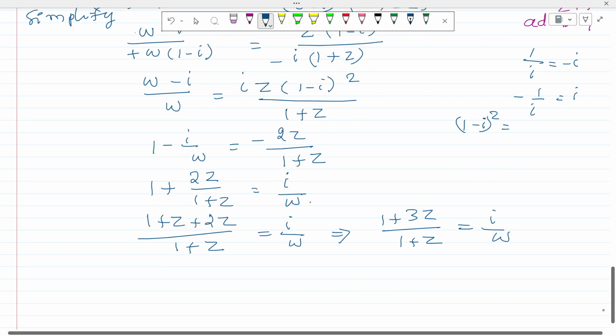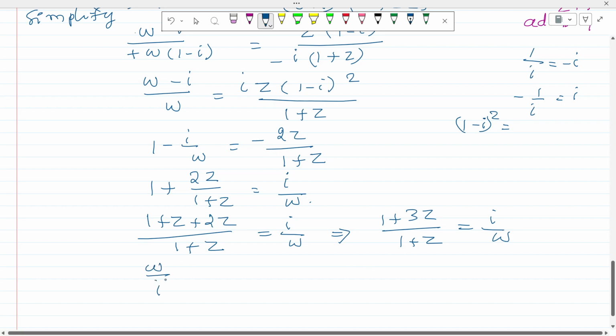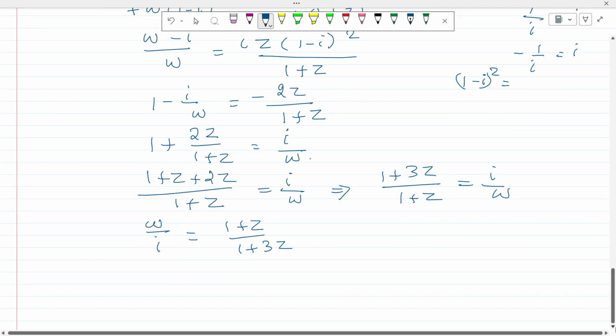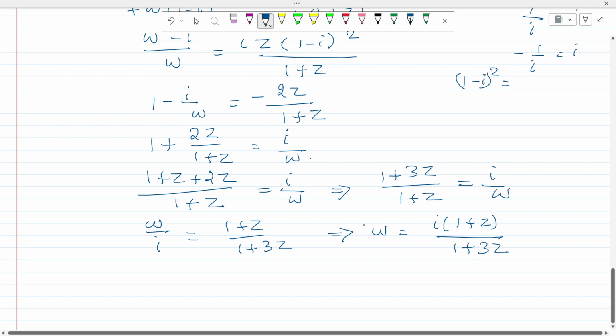But we need that W in the numerator. So W by I can be written as 1 plus z divided by 1 plus 3z. Okay, but we need only the W. W equal to I into (1 plus Z) divided by (1 plus 3Z).